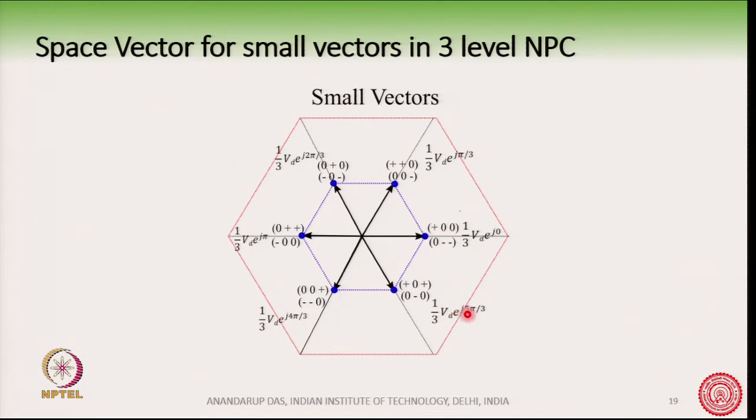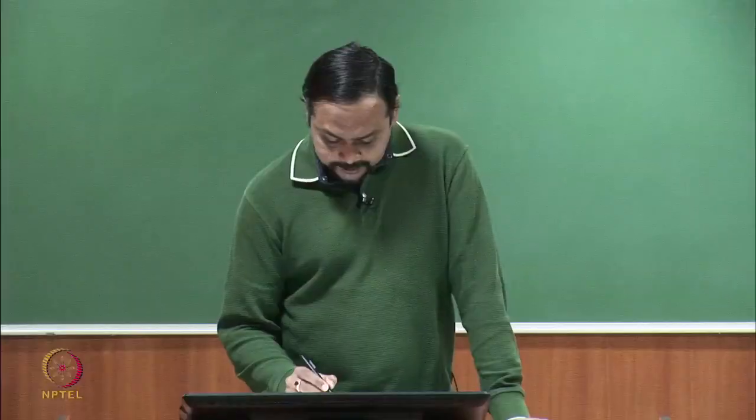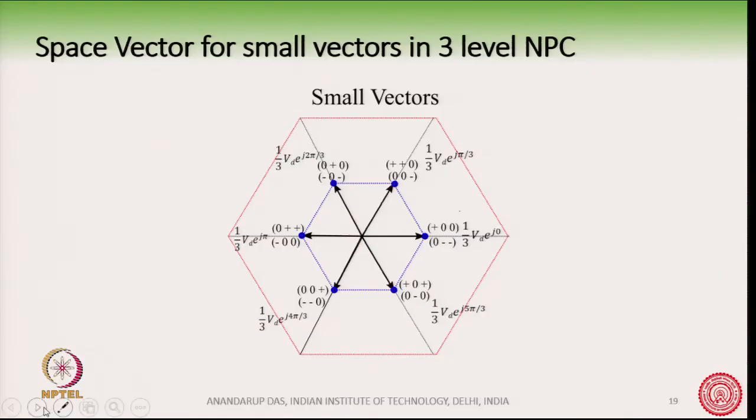Of course, you have here 0. So, 0 means what will be the 0 here? 0 means this will be plus plus plus, 0 0 0 or minus minus minus. So, these vectors are here. Okay. These are the smallest 3 zero vectors, and then you have the 6 small vectors here.